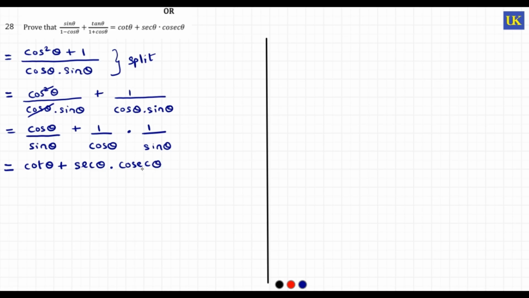And if you see now, this is our RHS side, because that is exactly what we wanted: cot theta plus sec theta into cosec theta, and exactly that is what we got. So therefore we can write that we have matched LHS with RHS. So here we complete this question number 28. Now we will see question number 29.